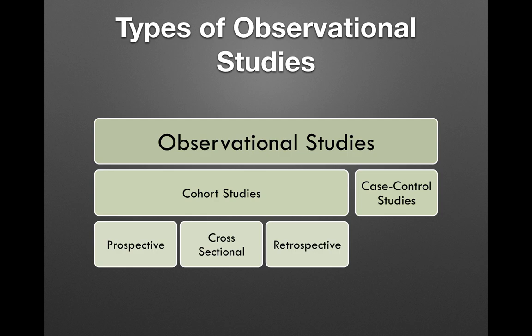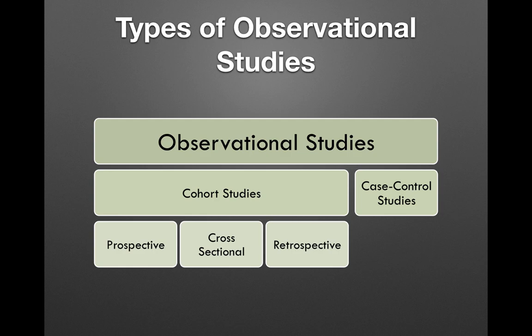When you do a cohort study, it helps you to determine whether various factors of interest are associated with an outcome or not. And when we refer to prospective, cross-sectional, and retrospective, we're focusing on the time and the way that we follow those subjects.